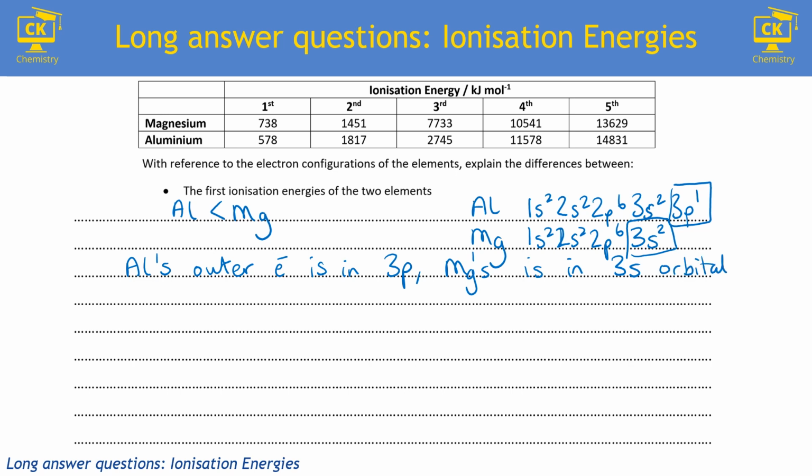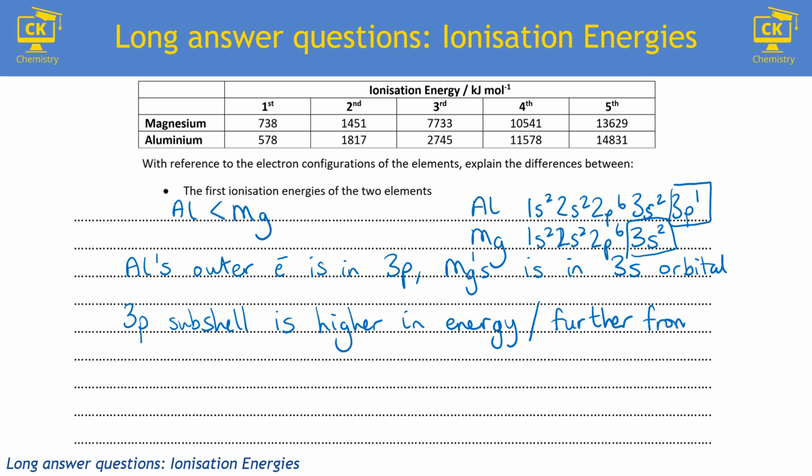Being really specific, I'm not just saying s and p because they might be in completely different energy levels, so I'm being specific about that. We can also say that the 3p subshell is higher in energy. Now, you could say further from the nucleus. They actually mean the same thing.